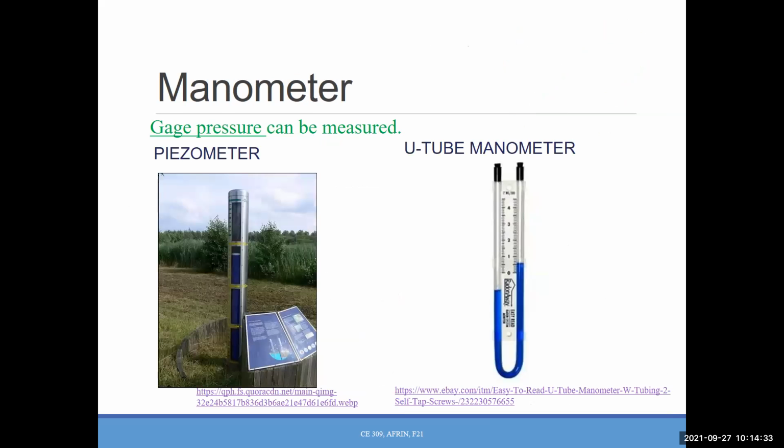For the gauge pressure we will use the manometer, and there can be different types of manometers. One simple type is the piezometer, just like you see here. Another simple type is the U-tube manometer. It's not the channel U-tube.